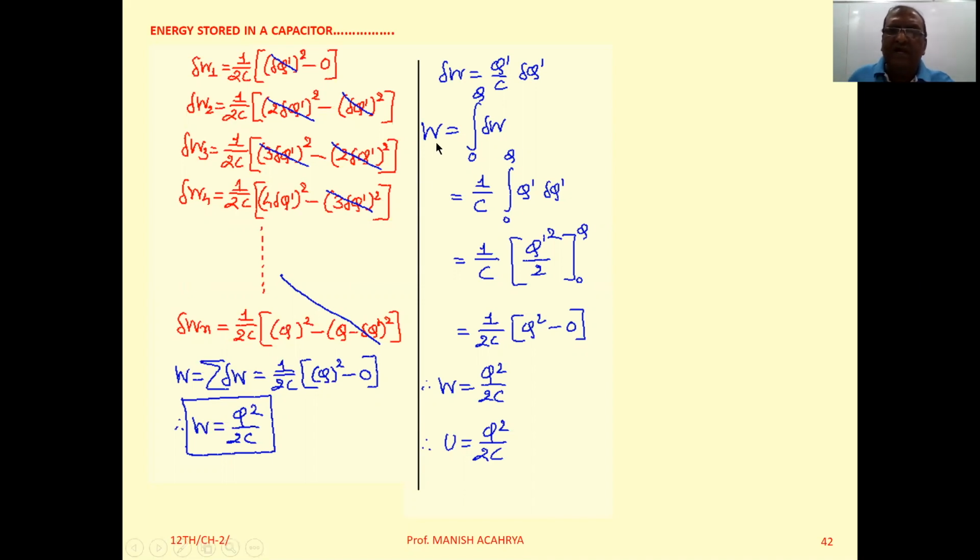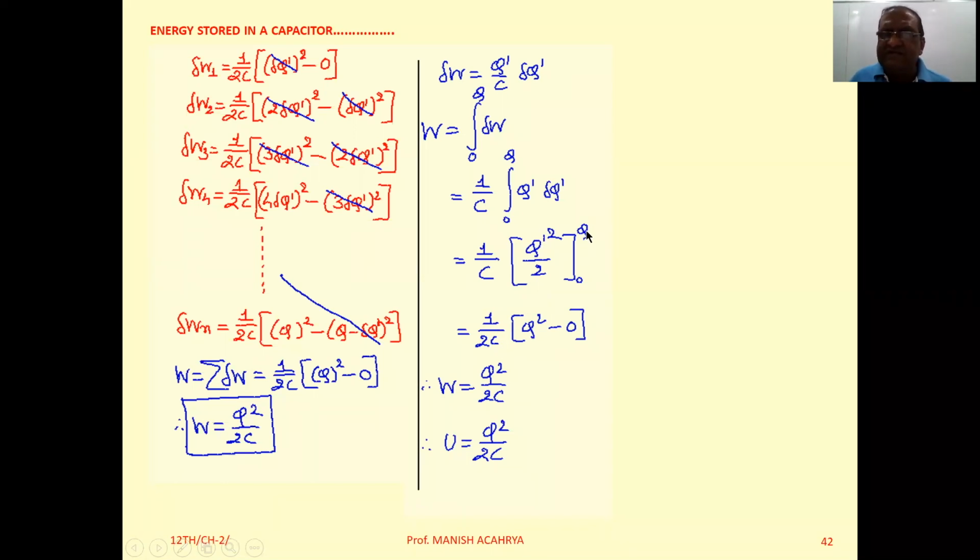So the total work done W is the integration of delta W from 0 to Q. Substitute the value of delta W, that is 1 upon C, which is taken outside the integration because it is constant. Integration 0 to Q, Q dash delta Q dash. So 1 upon C, integration Q dash delta Q dash, that is Q dash square by 2 with limits 0 to Q. Take the 2 outside, so 1 upon 2C.